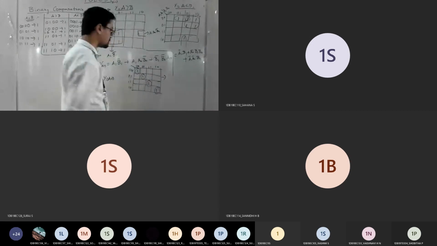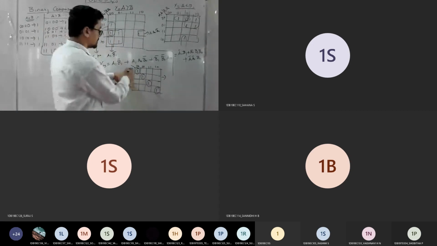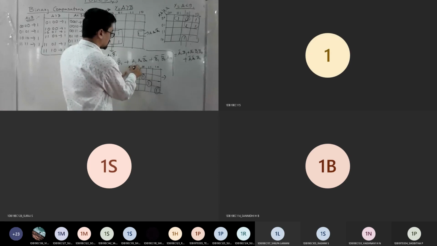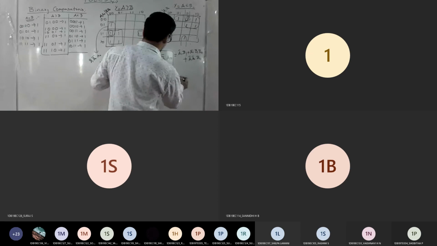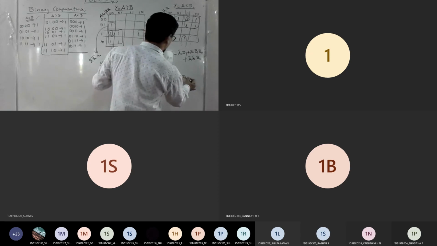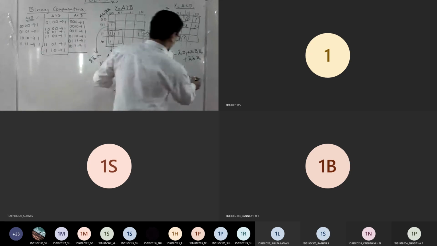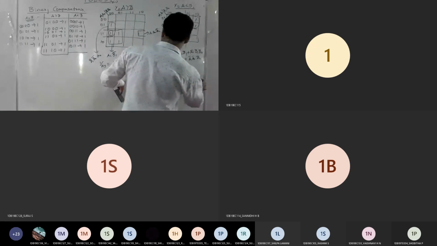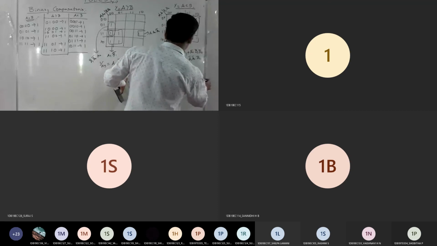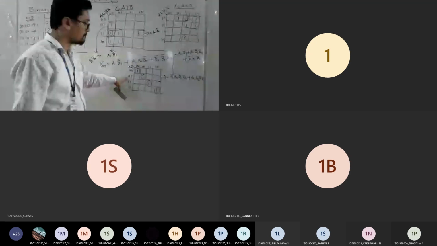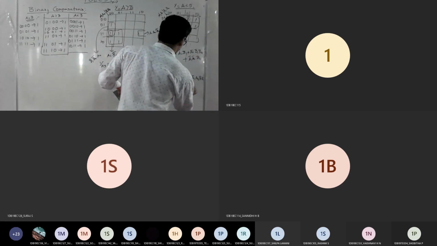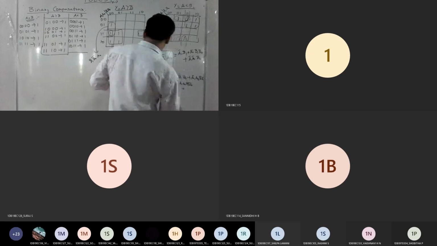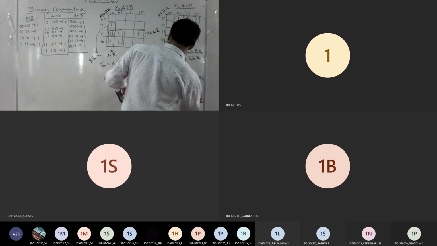Now the expression. So A1, A0, B0, B1. I can write this as A1 bar A0 bar B1 bar B0 bar, plus next A1 bar A0 B1 bar B0, next combination A1 A0 B1 B0, and the last combination is A1 A0 bar B1 B0 bar.